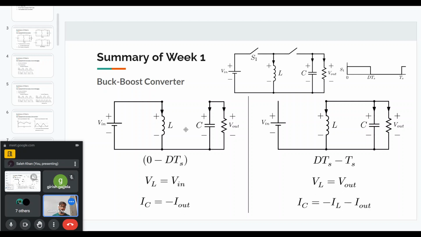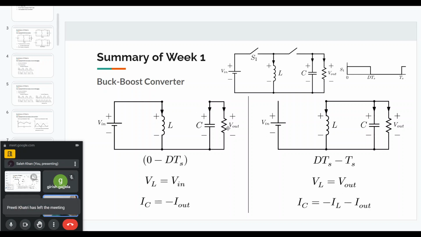I want to find the voltage across the inductor and I want to find the current through the capacitor. So for the 0 to DTS interval, the voltage across the inductor is Vin and the current through the capacitor is minus I out. I hope you can understand this because of the way I have defined these two currents.